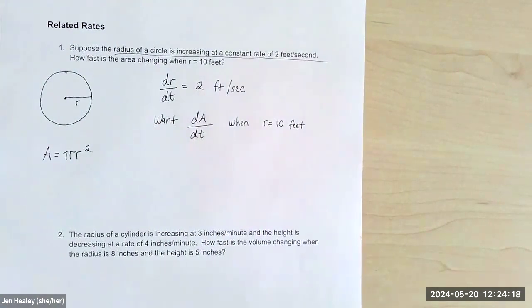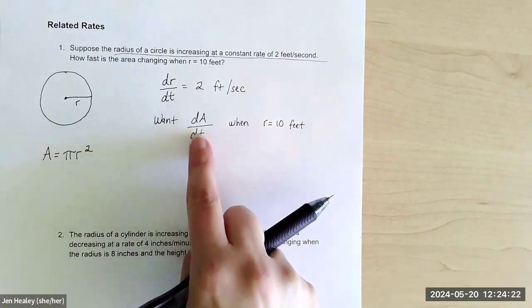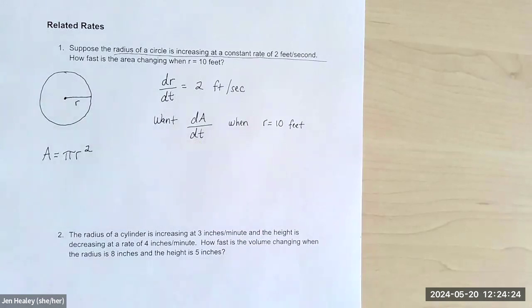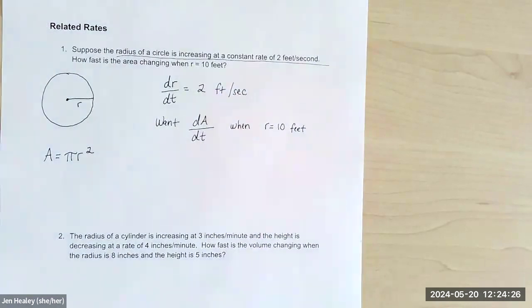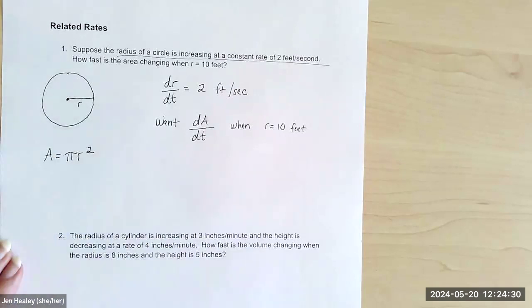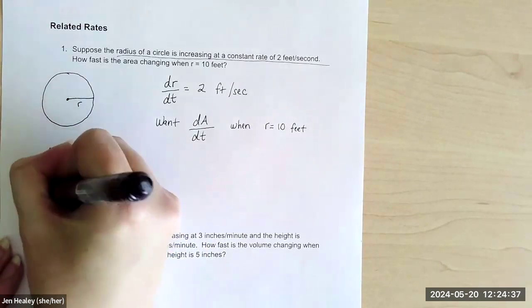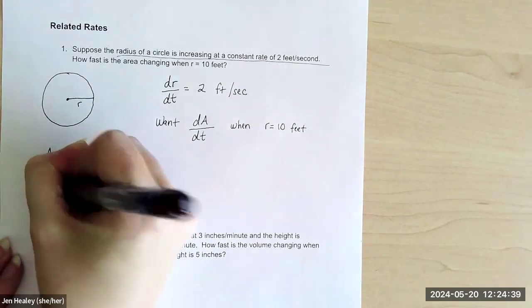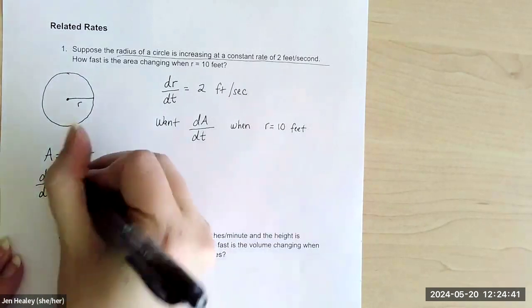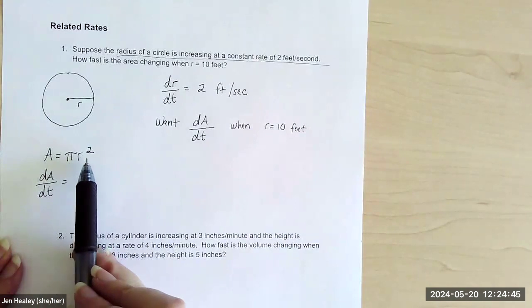But in order for me to answer the question, I don't want the area. I want dA dt. So here's where you're going to take your implicit differentiation skills. I want to differentiate this with respect to time. So what you're going to write is dA dt, because you're differentiating this formula with respect to time. And r is a variable.